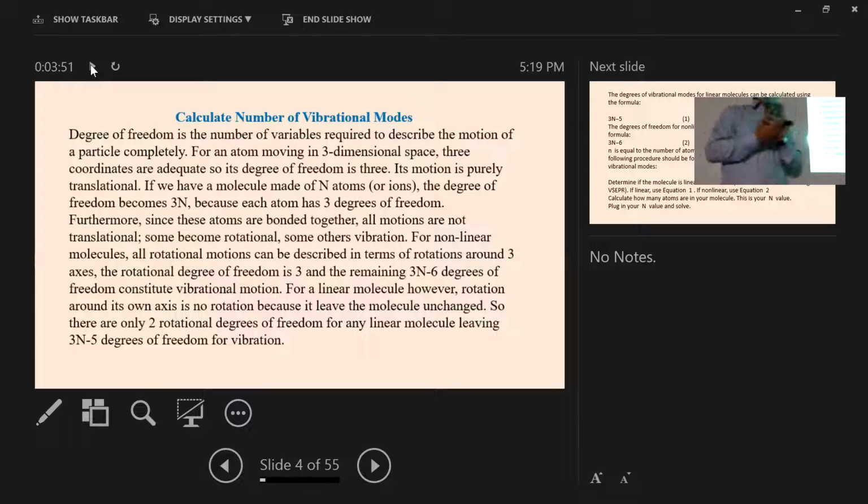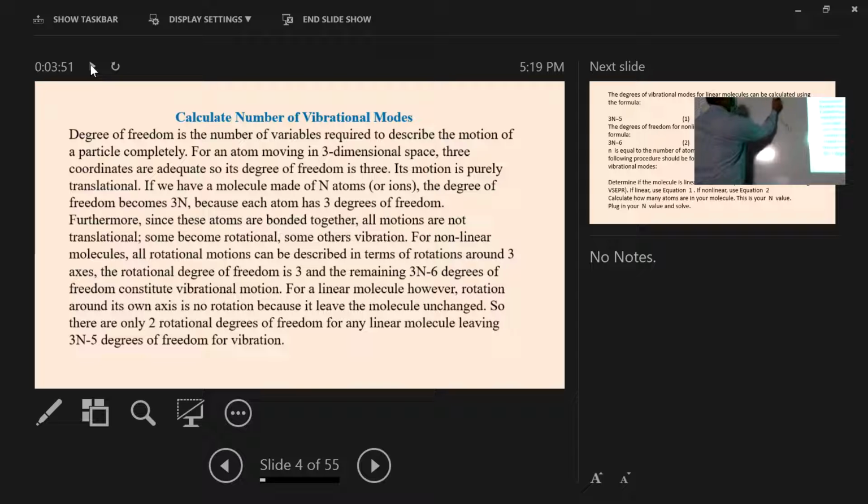So what is the maximum number of vibrations? We can easily calculate using a formula: 3n minus 6 for non-linear molecules and 3n minus 5 for linear molecules. So 3n minus 5 is the degrees of freedom for vibration for a linear molecule.